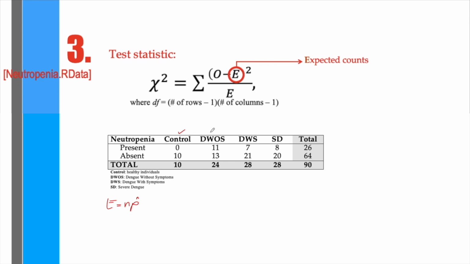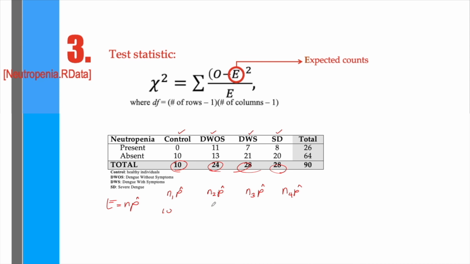And since we have 4 columns here, then we're going to have 4 n p hat. So that's n sub 1 times p hat, n sub 2 times p hat, n sub 3 times p hat, and n sub 4 times p hat, in which the values of n are the total of each column.